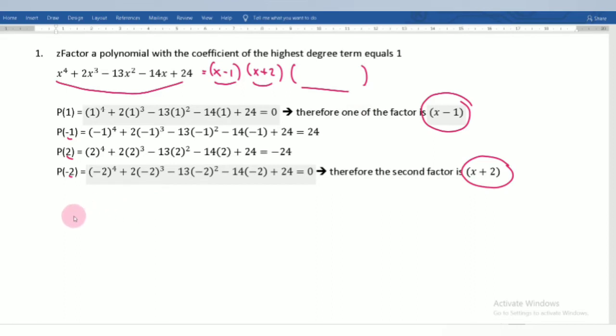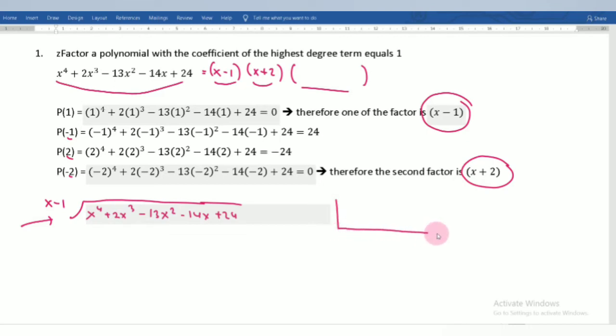Like the previous approach, I will divide 2x cubed minus 13x squared minus 14x plus 24 by x minus 1. This is long division, but now I want to teach you synthetic division. This is another method of doing division like this in a simpler way.